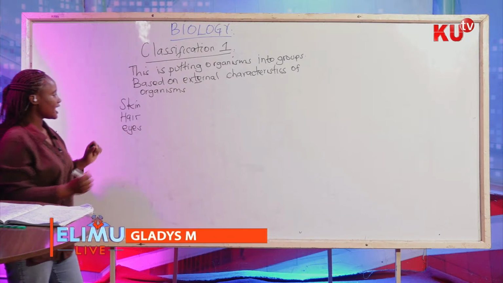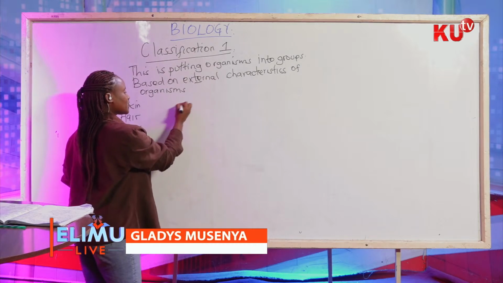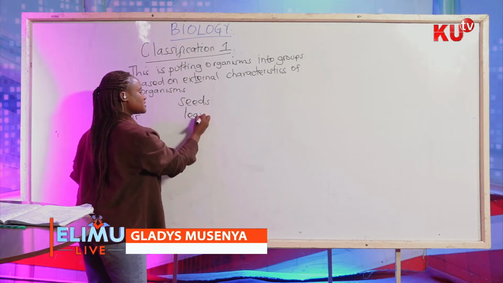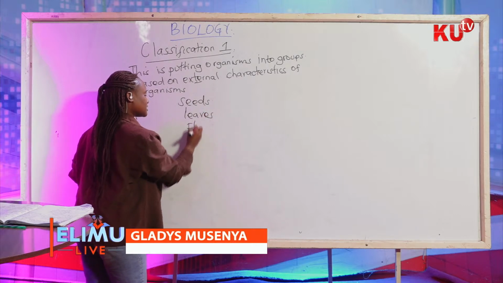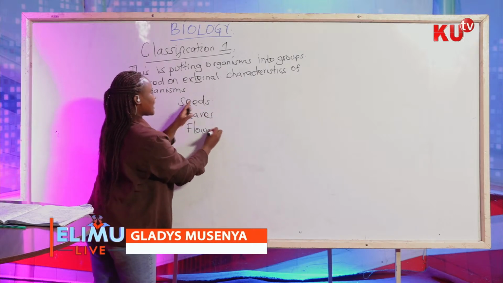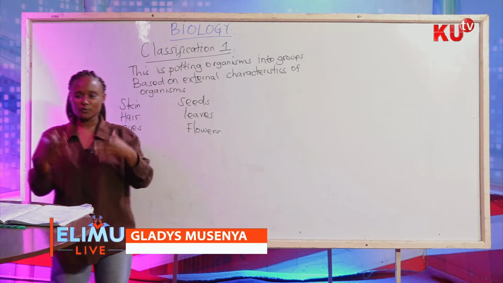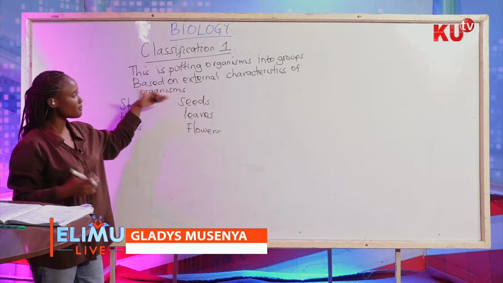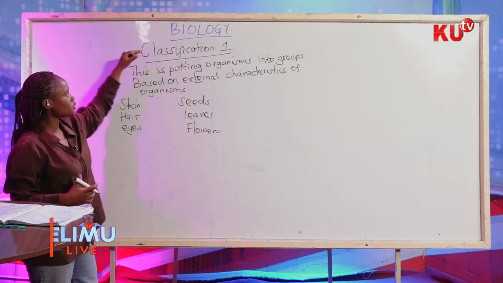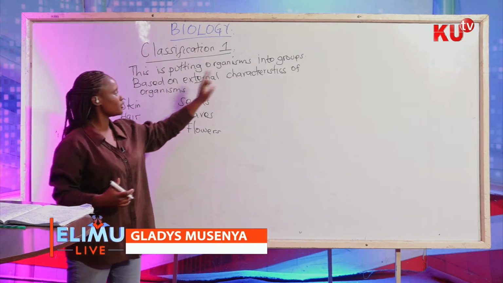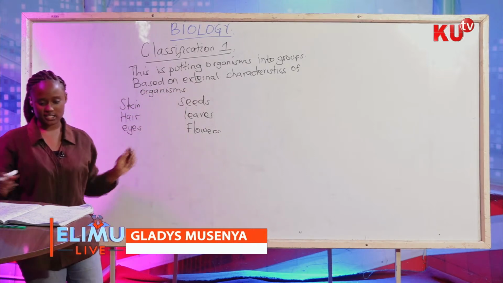In plants we have seeds, leaves, and flowers. These are the external characteristics of organisms, anything that we can see externally.